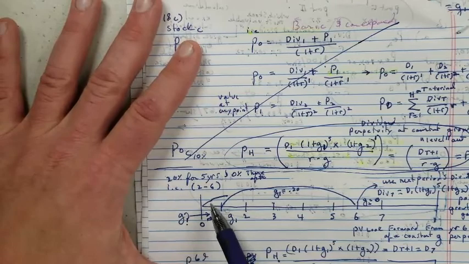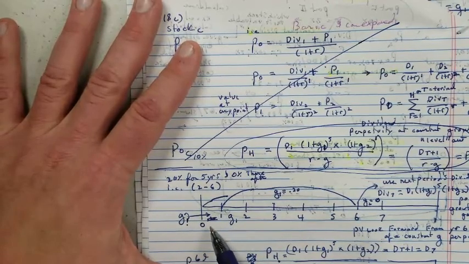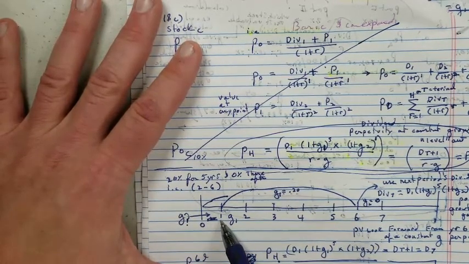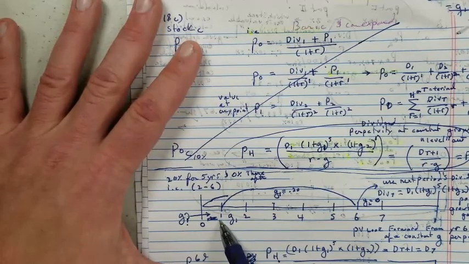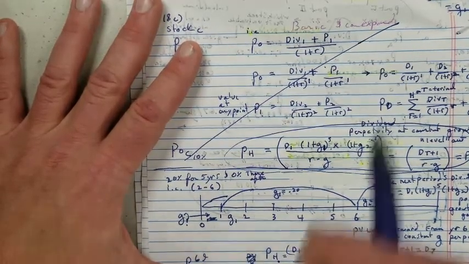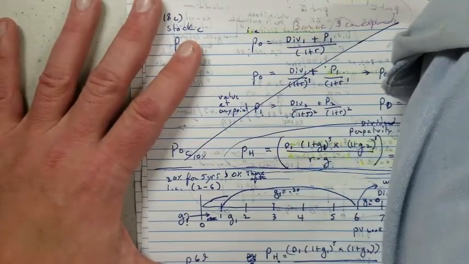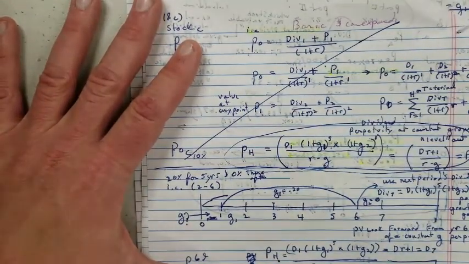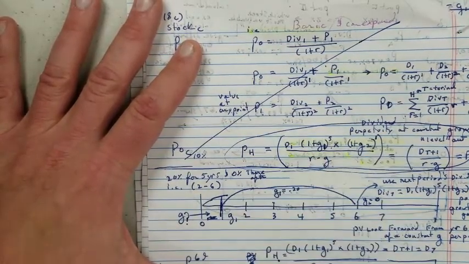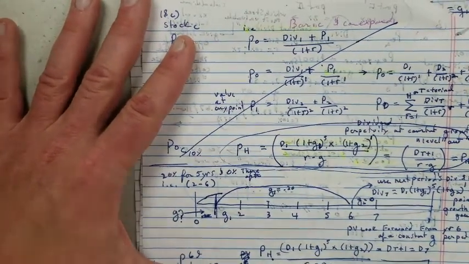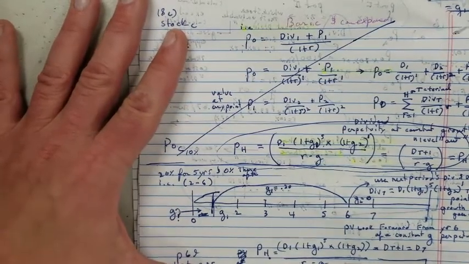So the stock starts with dividend 1, correct? Okay. So we're given, again, let me turn back here, a dividend next year of $5. So that's going to be right here on our timeline. Can you guys see that? Yes. Okay.